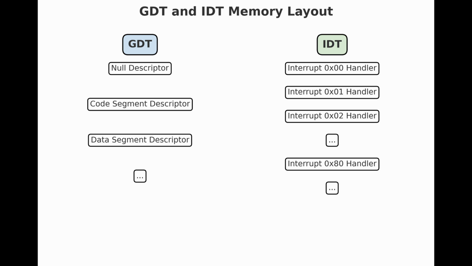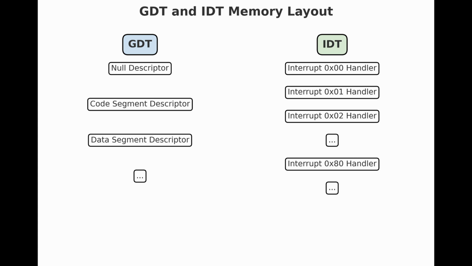The IDT tells the CPU where to go when an interrupt occurs, whether that's a keyboard press, a timer tick, or a software interrupt like int 0x80.